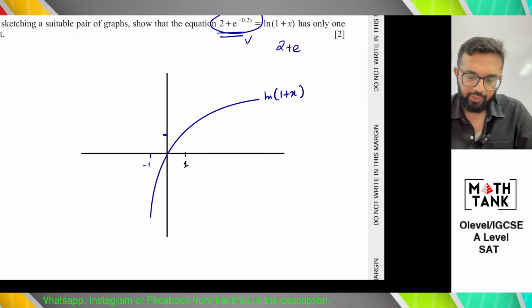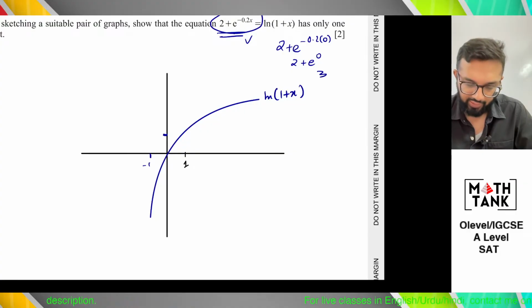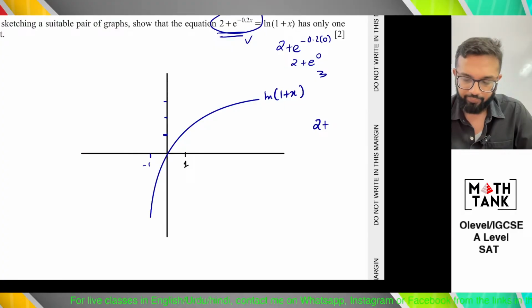So 2 + e^(-0.2 × 0). That gives me 2 + e^0, which is 1. So that's 3. So I'm going to have 3. And then I can also find the value at, let's say, 1.